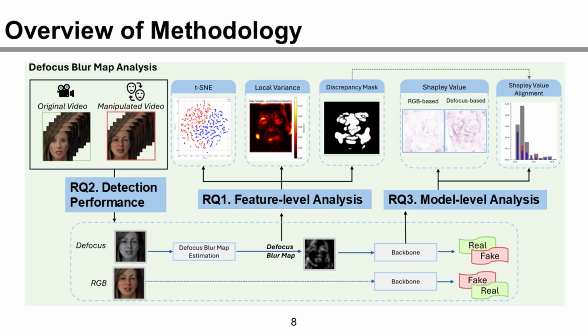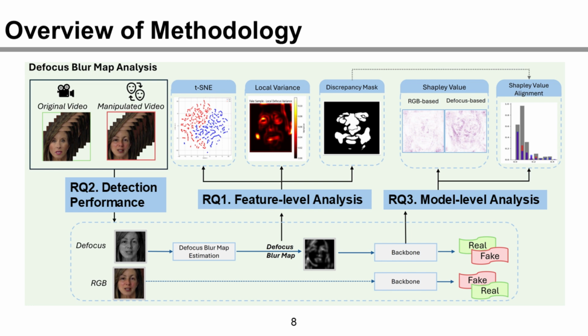This is an overview of our methodology. We design our experiment to answer these questions. First, to answer RQ1, we conduct a feature-level analysis. The goal is to verify if the defocus blur map itself contains the discriminative information to separate real from fake.